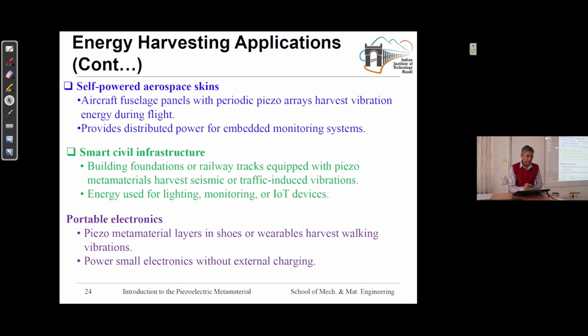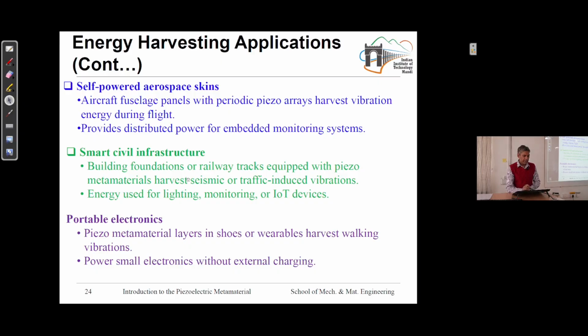Self powered aerospace skins: aircraft fuselage panels with a periodic piezo array harvest vibration energy during flight, which provides distributed power for embedded monitoring systems. This power can be used for monitoring purposes.